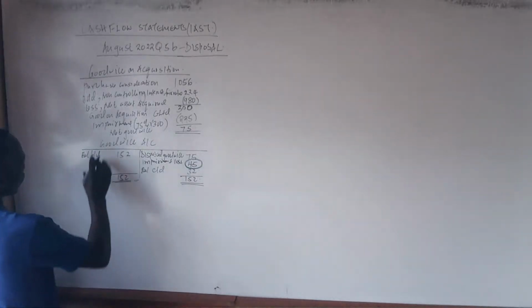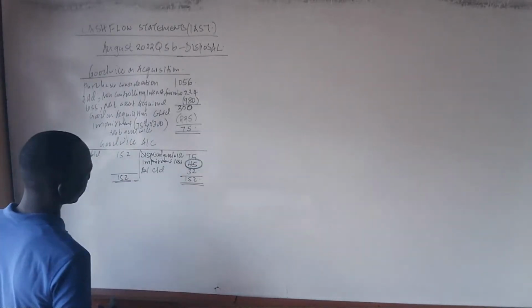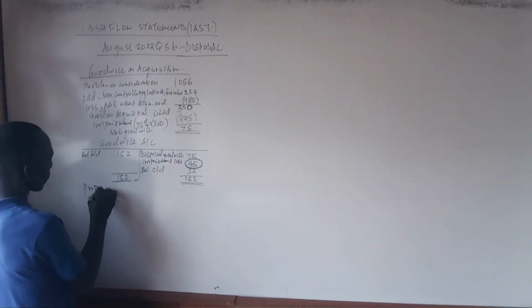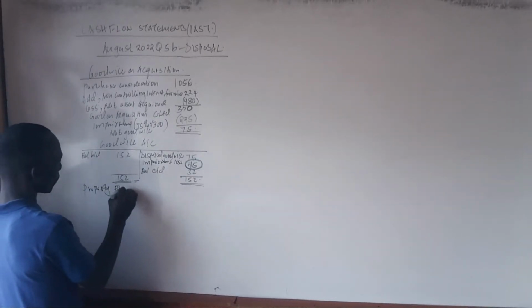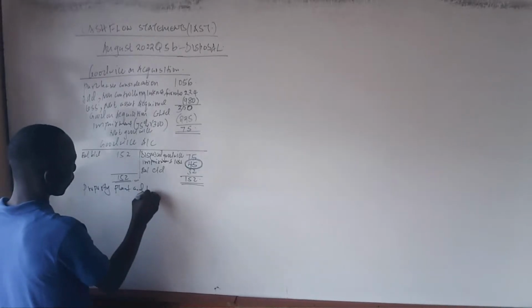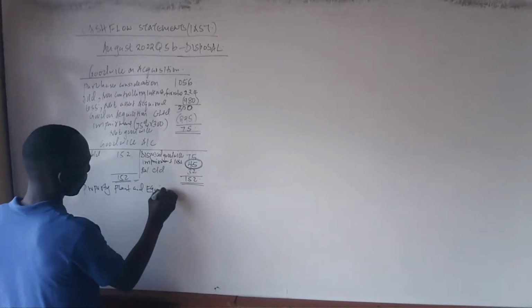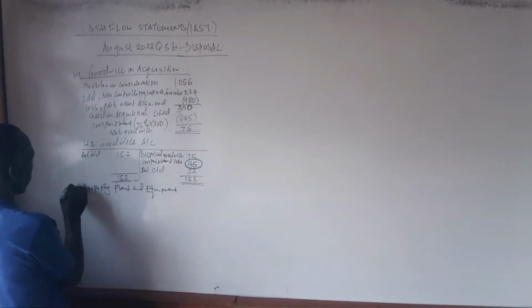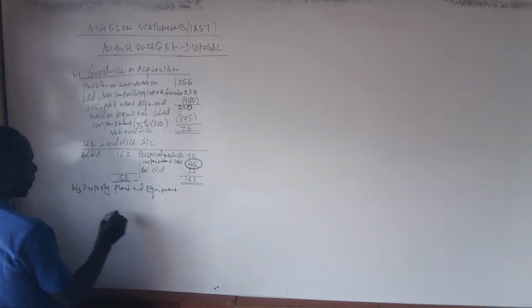In this case, we start with the non-current assets. We are done with the goodwill. The next item is the property, plant and equipment. Remember, this was working 1, then we had working 2, and this will be working 3.